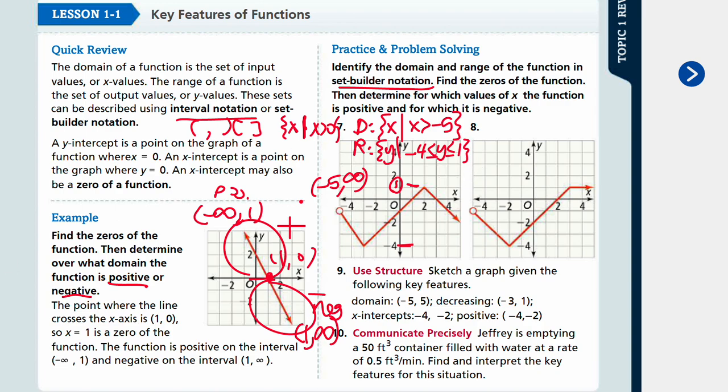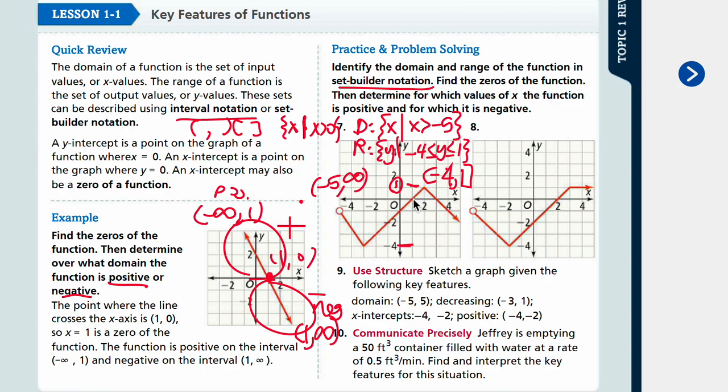And so your range in interval notation would be including -4 and including 1. And then let's find the zeros of the function.